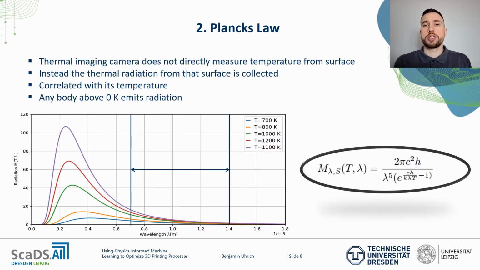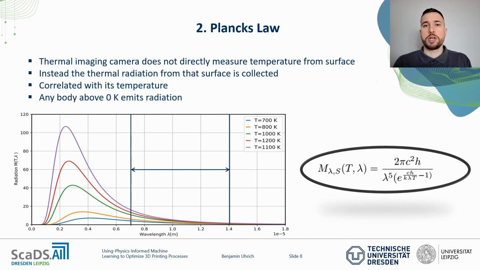A thermal imaging camera is not able to measure temperatures directly from the surface. Instead, the thermal radiation from this surface is collected. This thermal radiation is then correlated to a temperature. Anybody above 0 Kelvin emits radiation.